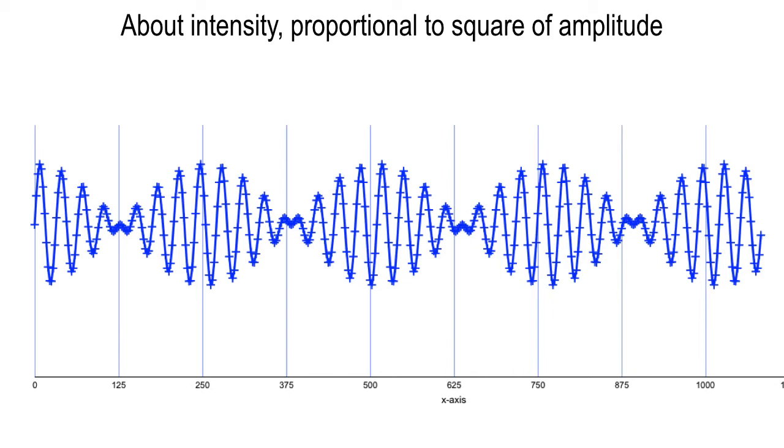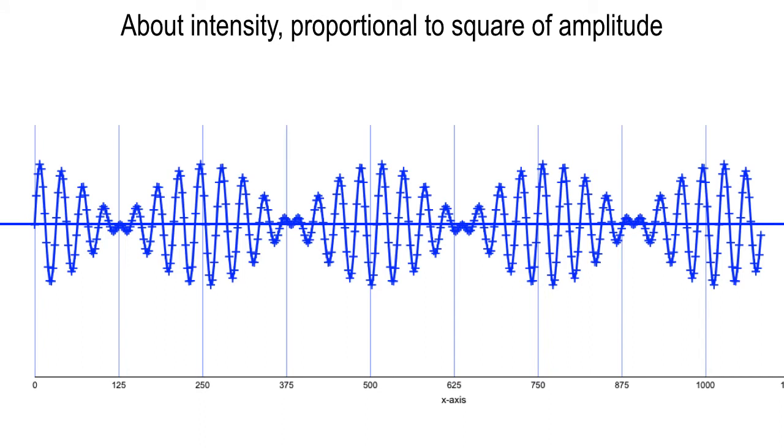The square of the amplitude of a sound wave is how you calculate the intensity. The intensity is the number of joules per second hitting a square meter of surface. Nobody has an eardrum that's a square meter, but they calculate it out, so many watts per square meter, and that's what sound intensity is.